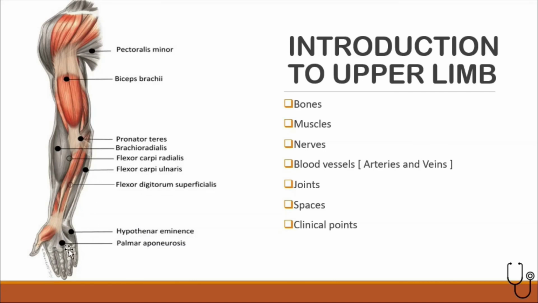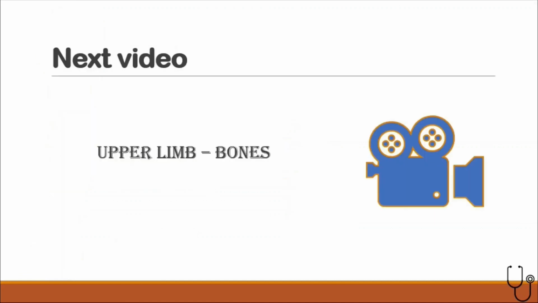In the upper limb you should know the bones, muscles, nerves, blood vessels, joints, the various spaces, and the clinical points. In my next video I will explain about the bones of the upper limb.